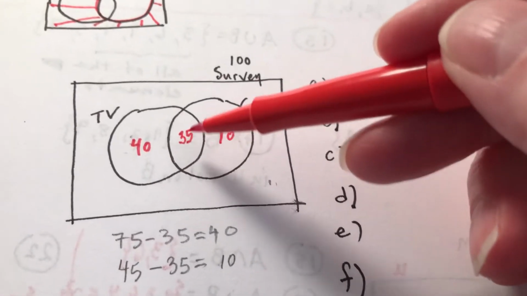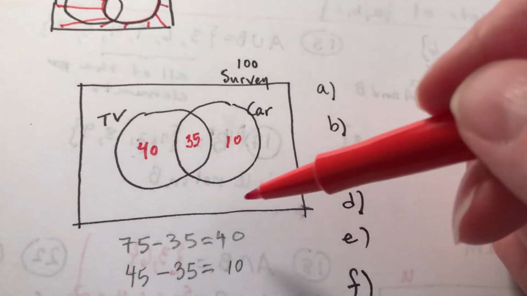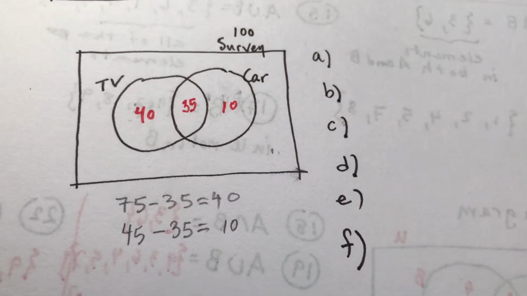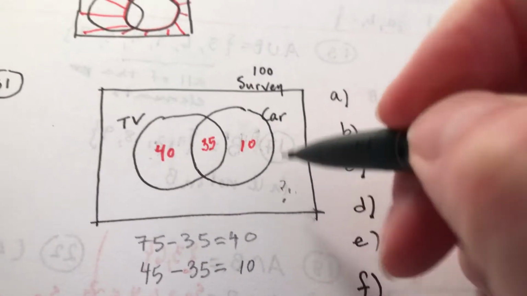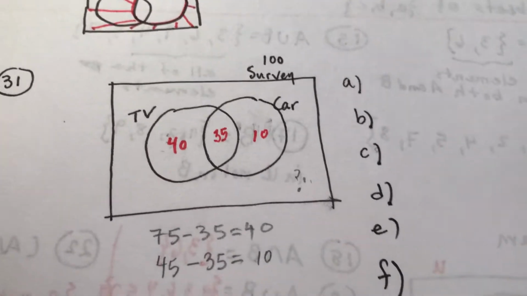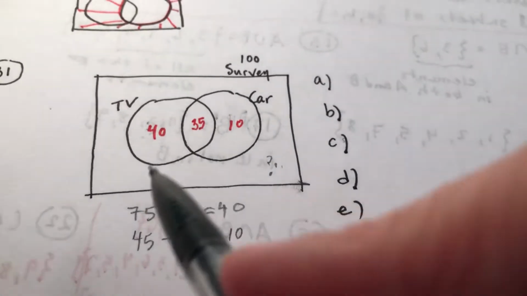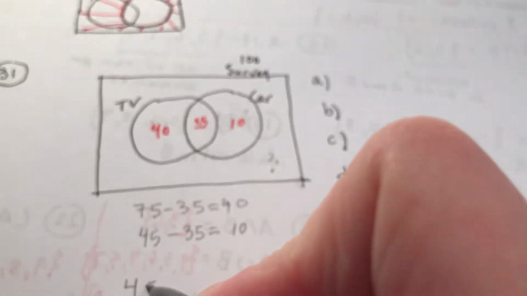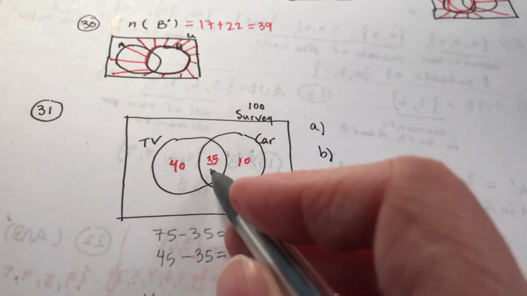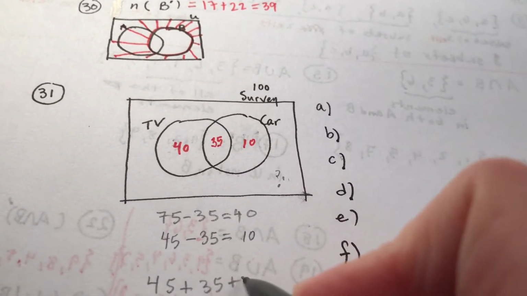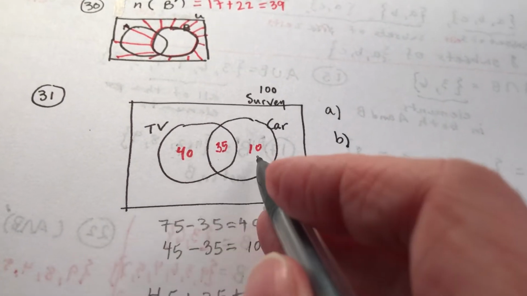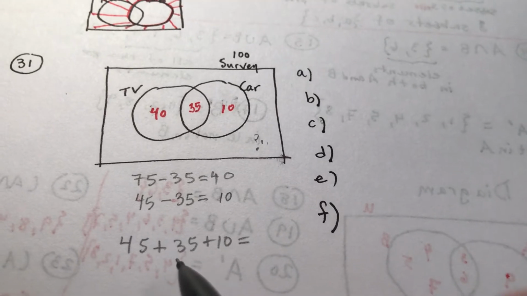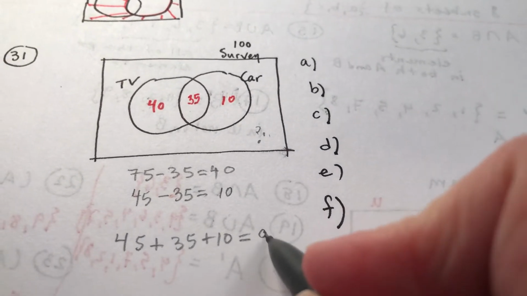So this is how you fill it out. You always start in the middle, and then you start filling these in. And then out here, how many go out here is the question. Outside of the car and TV realm, you could probably figure it out. Pause this. Look at your 45 plus the 35 plus the 10 to see how many you already have in the universal set. 45, 50, 60, 70, 80, 90.